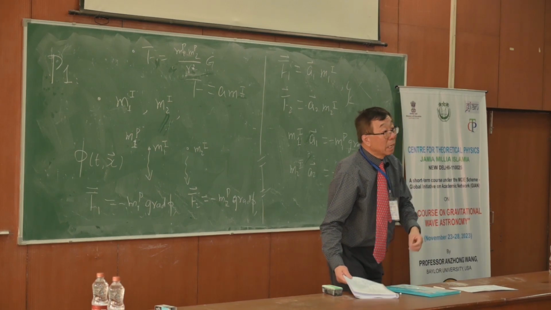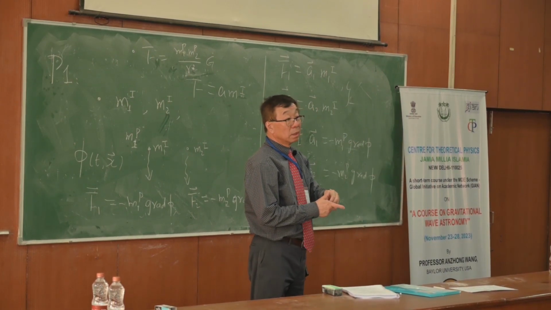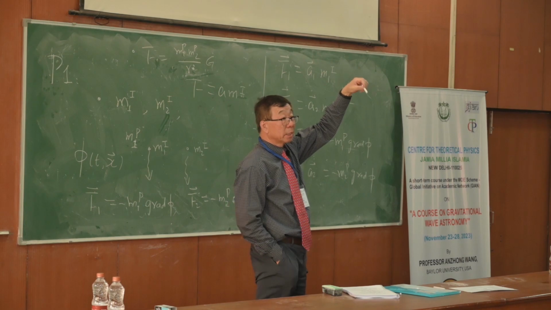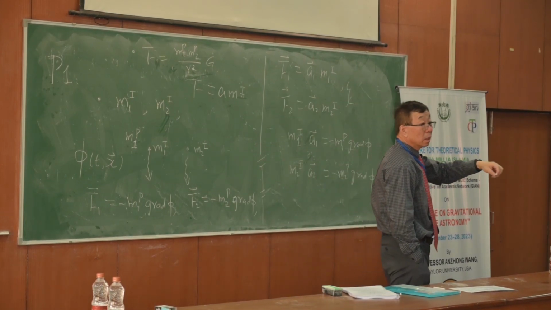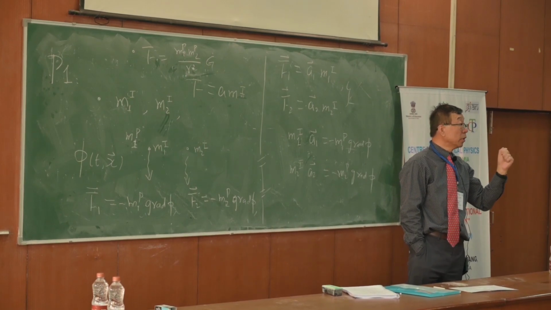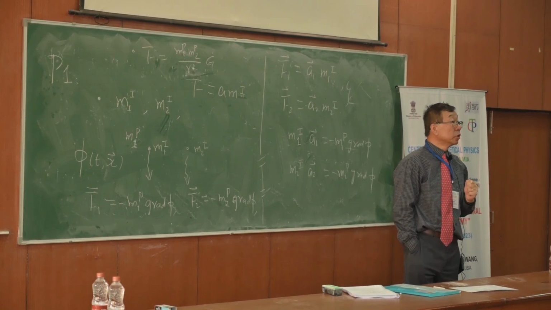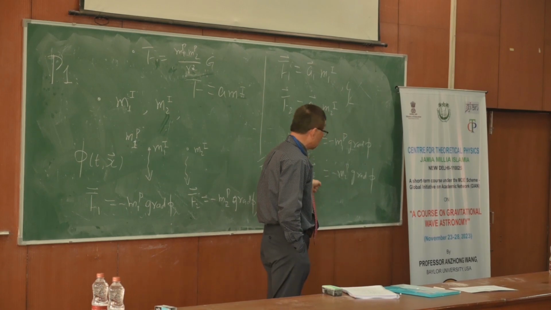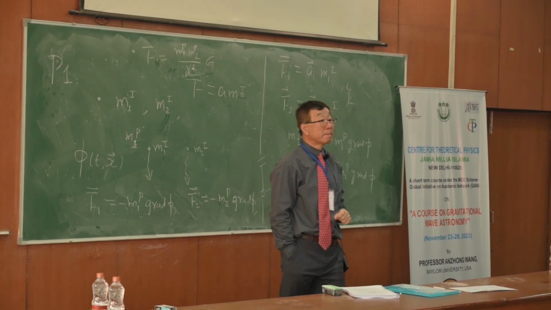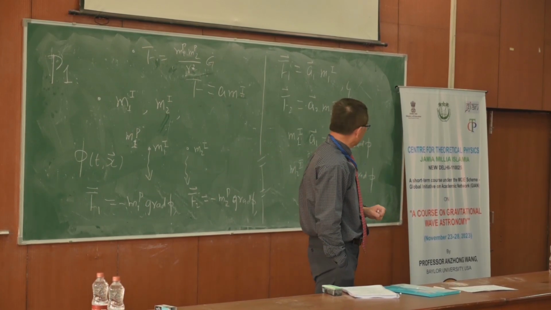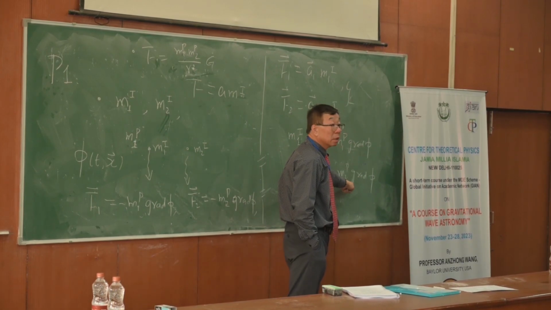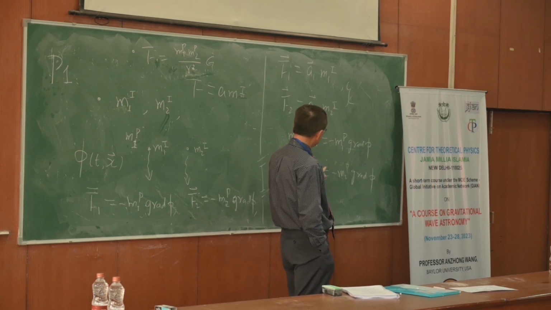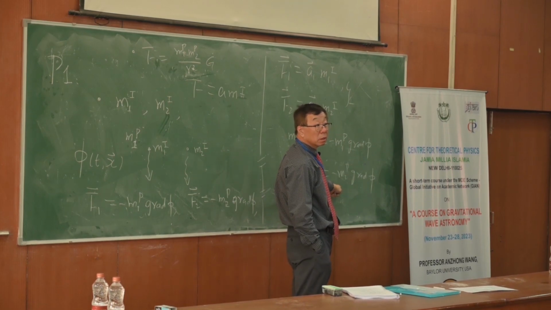So what I calculated is, when he is beside the tower, if he drops a hammer and a feather, if there is no air, these two are equal, right? So if these two are equal, this over this equals this over this.